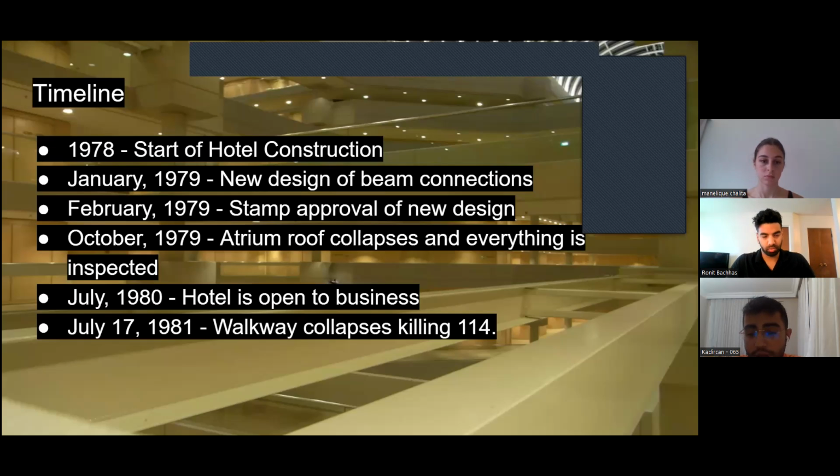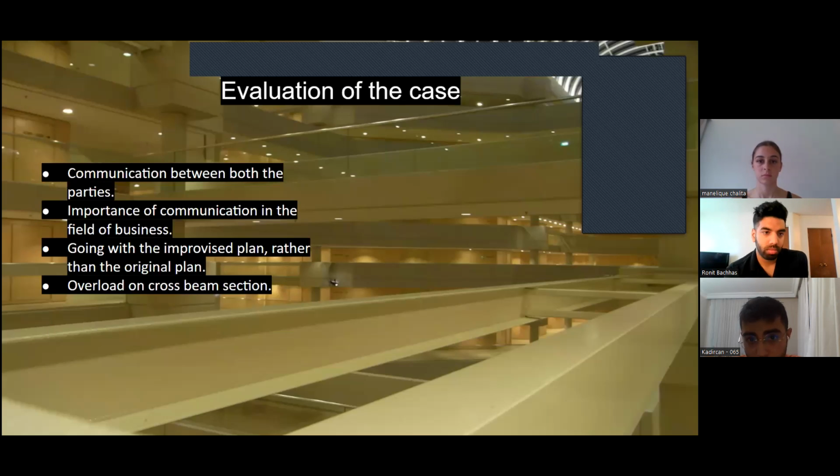And on July 17, 1981, the walkway collapsed, killing 114 people and leaving more than 200 injured. My group mate Ronit is going to talk about the rest of the evaluation. Thank you, guys. So in this slide, we're going to talk about the evaluation that we as a team came up with.